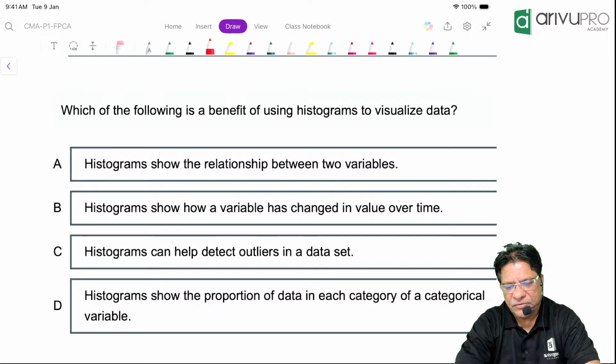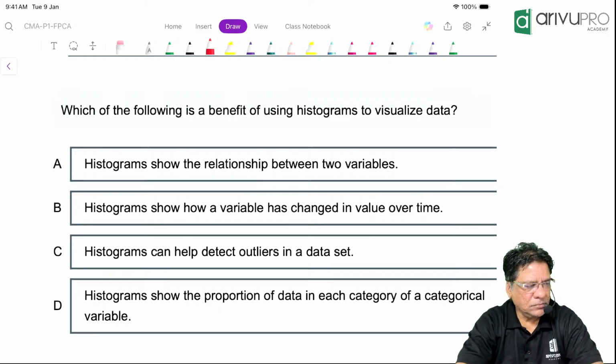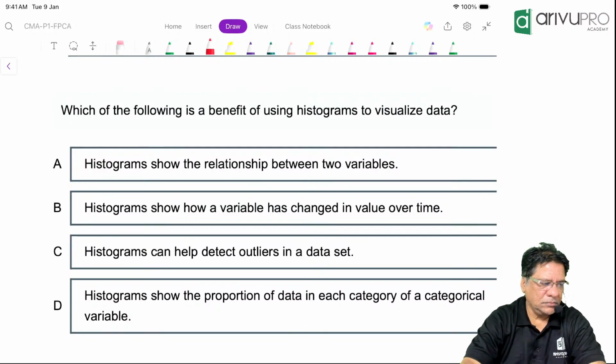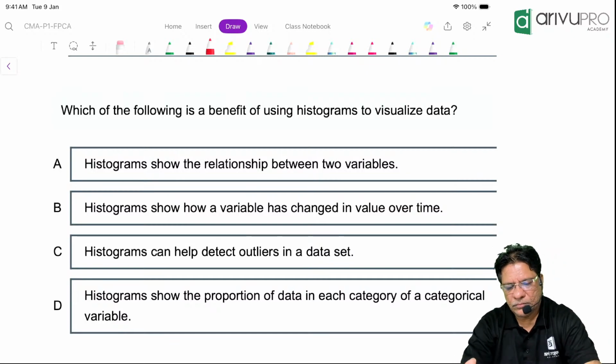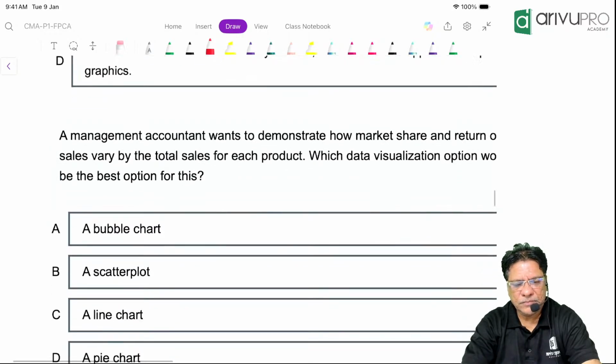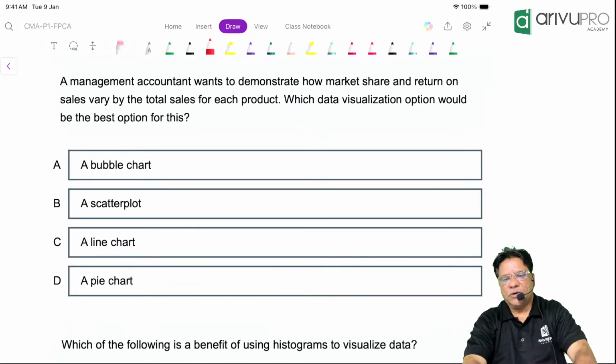What is the benefit of using histograms? Variable has changed. So, demonstrate how market share and return on sale vary by the total sales for each product.